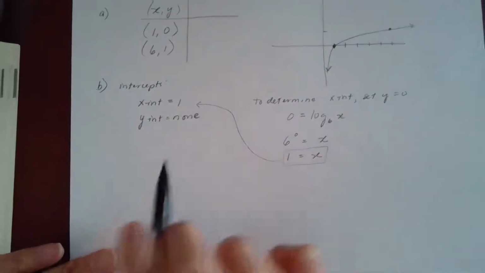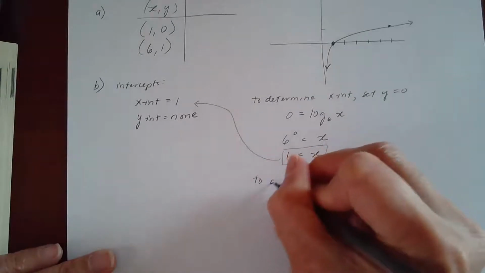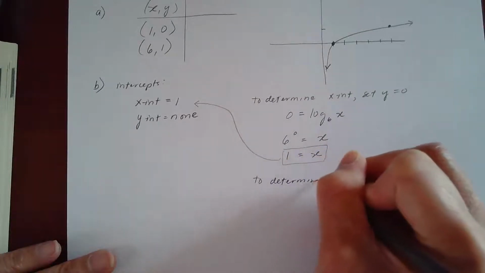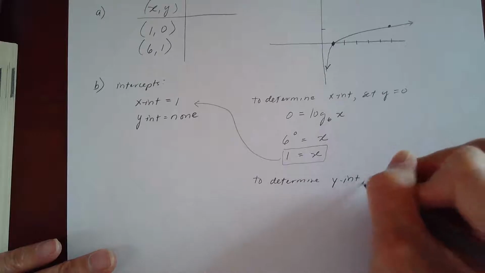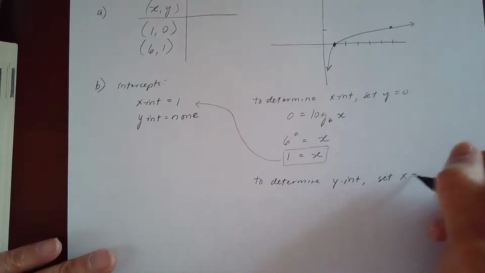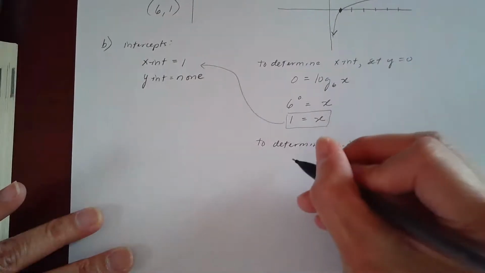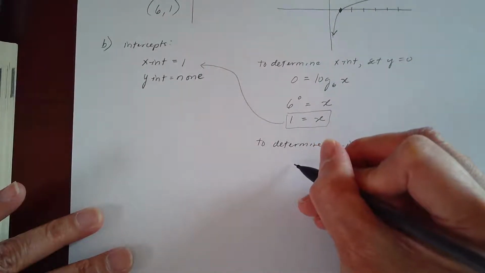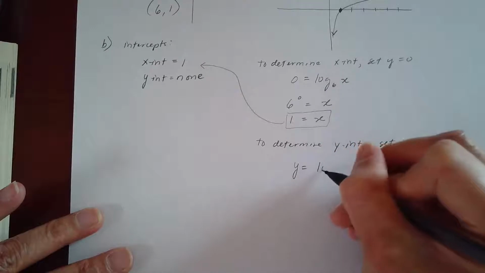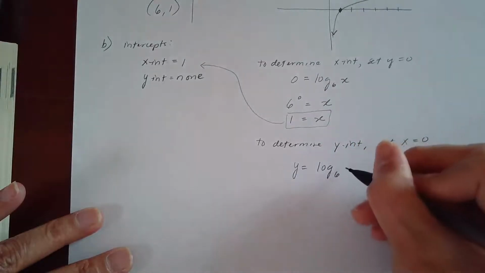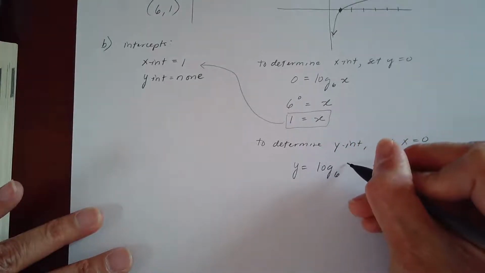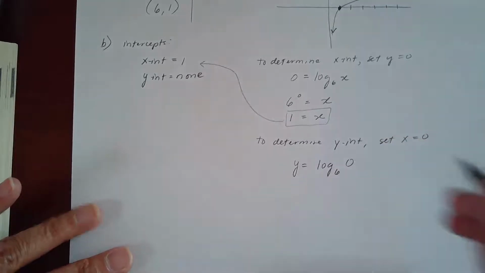Now, what about the other one? To determine the y-intercept, we're going to set x equals to 0. So it's going to be y equals to log of 6 of 0.